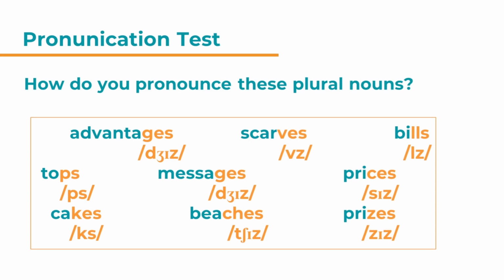Prices, here we have "siz". Cakes is ks. The E is not pronounced in spelling. Beaches, here we do pronounce the E. "Chiz". And last but not least, we have prizes, "ziz".